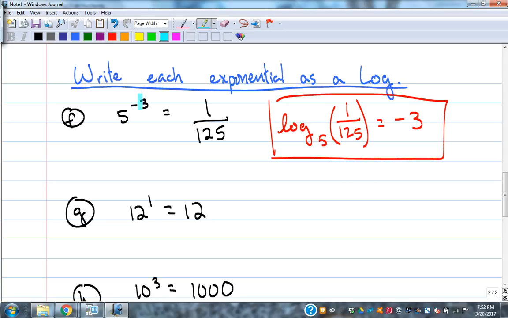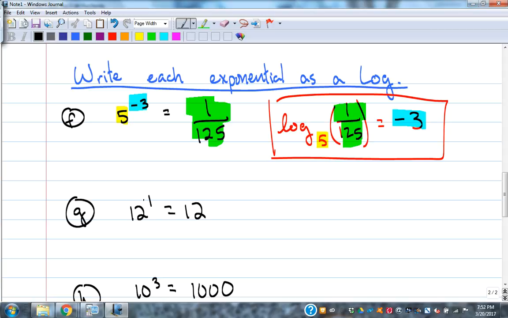Okay, and maybe some highlighting helps, unless you're colorblind, and then it's useless. So that's where all those things are coming from. Log base 5, what it's equal to is the exponent. What it's of is the number that the exponential is equal to.